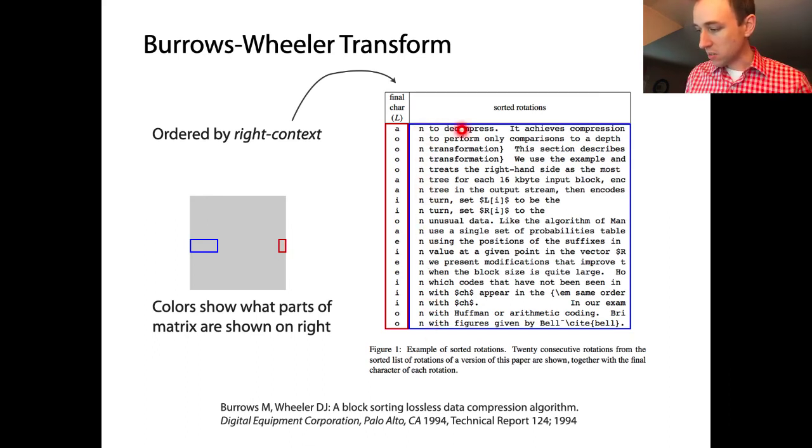This is alphabetically before this, which is alphabetically before this, etc. And you can see that they're all close to each other alphabetically. They all start with N space, and then either T or U or W. So this represents a chunk of the matrix that looks like that. And then what's lined up to its left, just like I did before, is the characters from the final column, from the Burrows-Wheeler transform, corresponding to those rows.